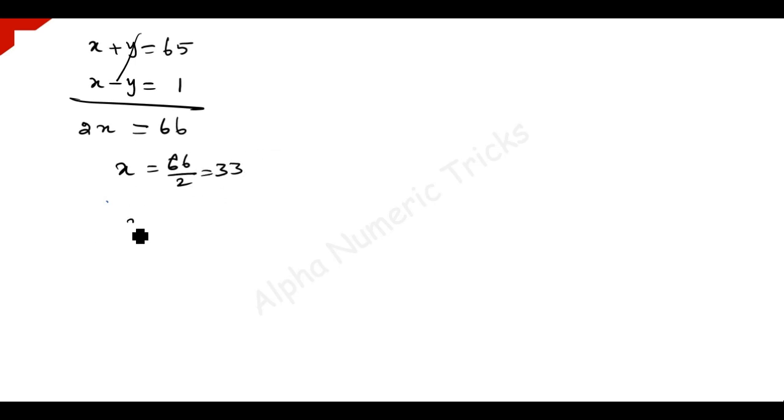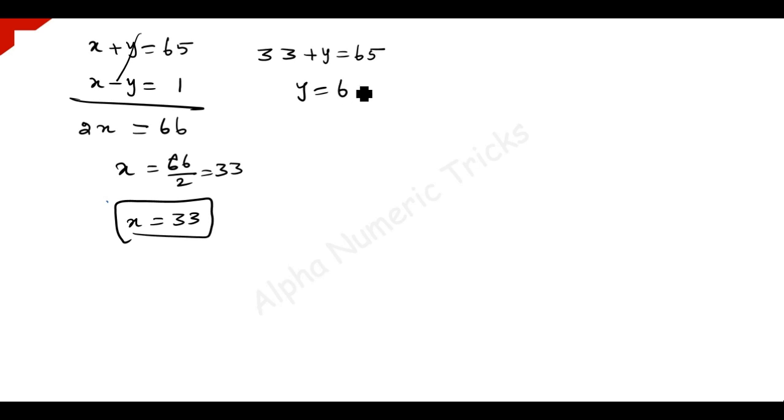And when you substitute x is equal to 33 in any of these equations, 33 plus y is equal to 65, or y is equal to 65 minus 33, which is equal to 32. So y is equal to 32.